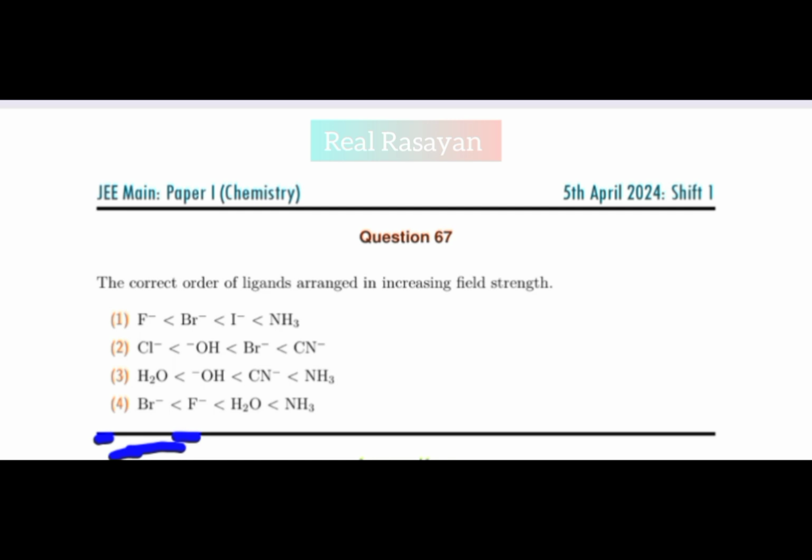And nitrogen containing ligand has greater field strength than oxygen containing, as per the common rule that carbon donor ligands have greater field strength, then nitrogen containing, then oxygen, and then halogen atoms. So the correct answer of this question will be option number 4.